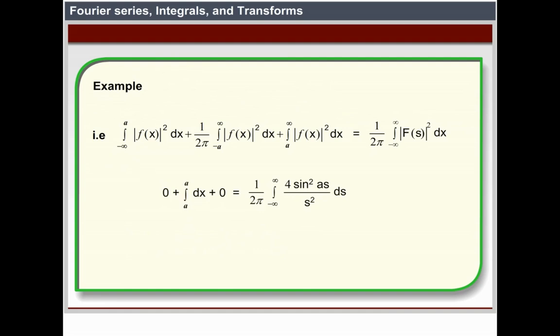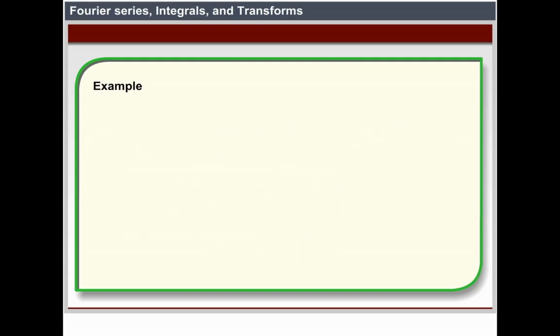Then 0 plus integral minus a to a dx plus 0 equal to 1 by 2 pi integral minus infinity to plus infinity 4 sin square as divided by s square ds. Then 2a equal to 2 by pi integral minus infinity to plus infinity sin square as by s square ds.